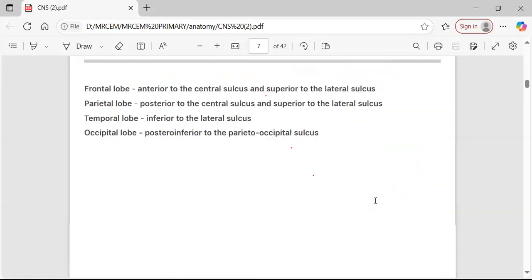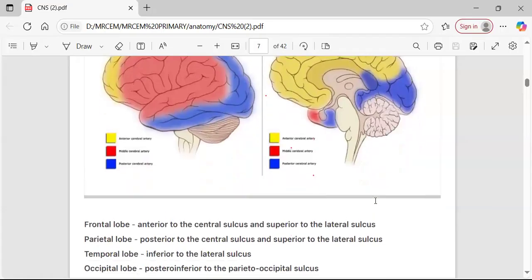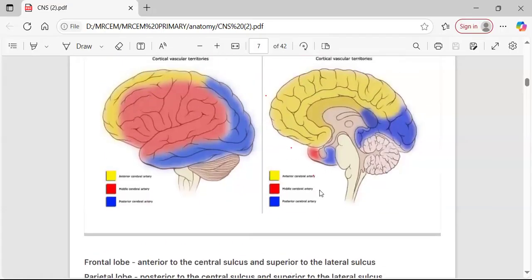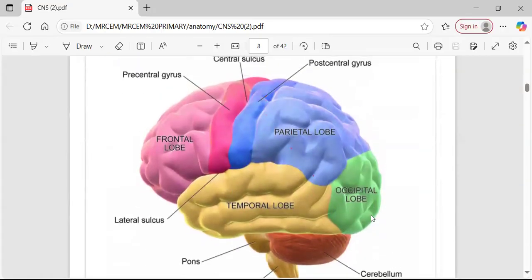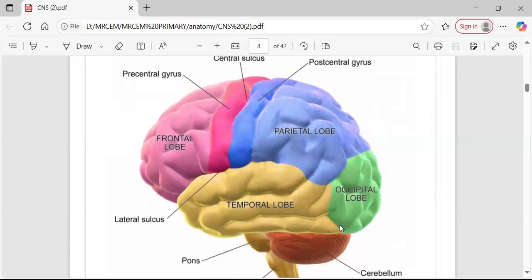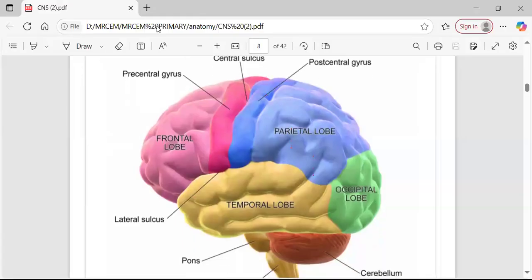First we discuss the temporal lobe. Frontal lobe, temporal lobe. Okay, temporal lobe, so it's lying here.